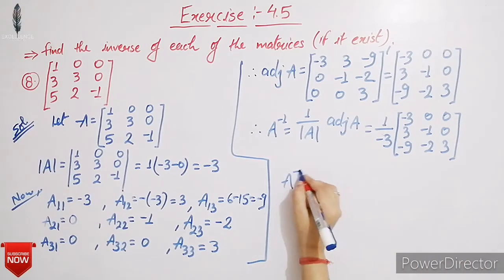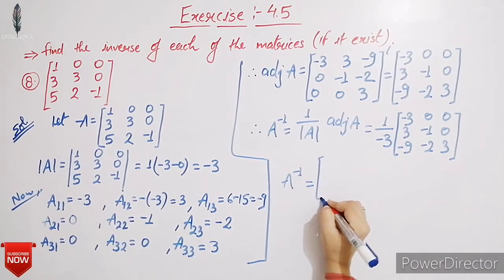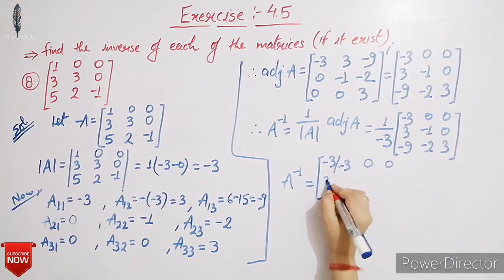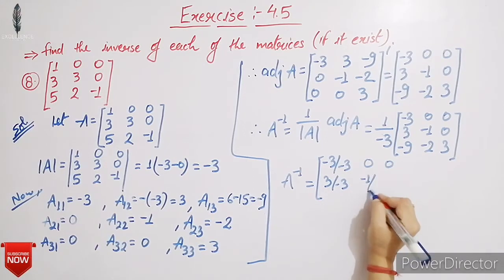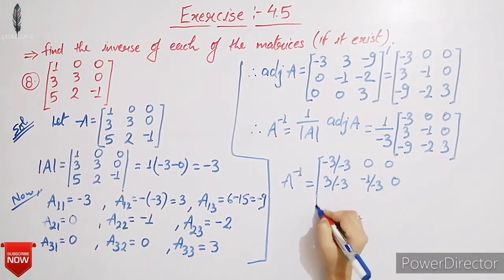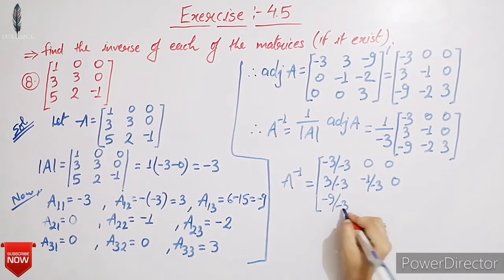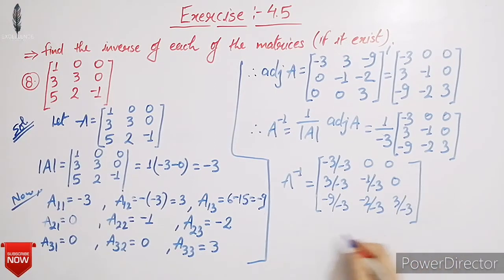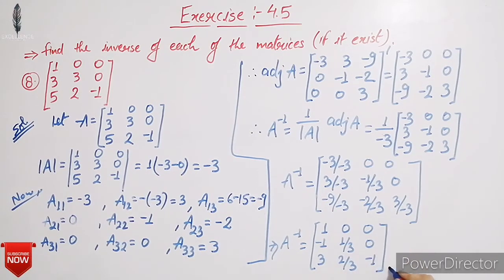On solving, multiplying each element by 1 by −3, we have last row is −9 by −3, −2 by −3, and 3 by −3. So A inverse is equal to [1, 0, 0; −1, 1/3, 0; 3, 2/3, −1], which is the required inverse.